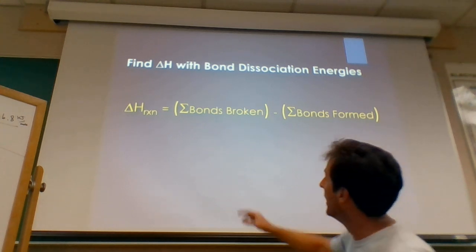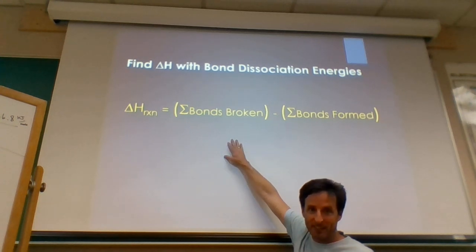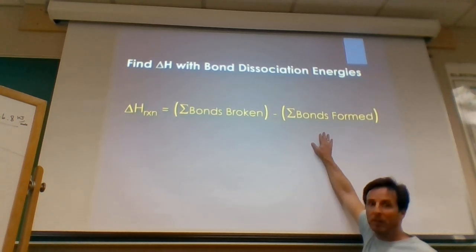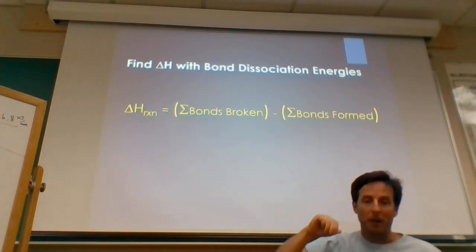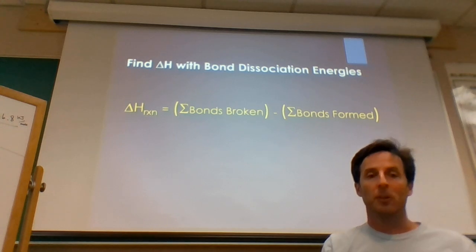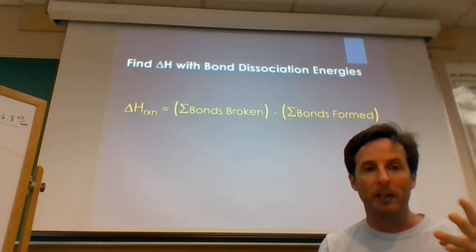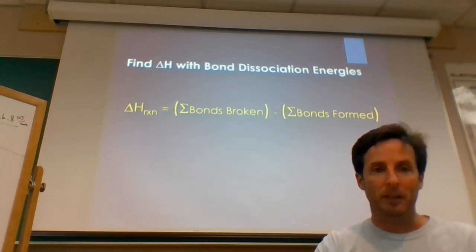It's going to be the summation of the bonds broken, which are the reactants, minus the summation of the bonds formed, which is the products. So method 4, if I'm using bond dissociation energies, is the opposite of method 3. Method 3 was products minus reactants. Method 4 is going to be reactants minus products.